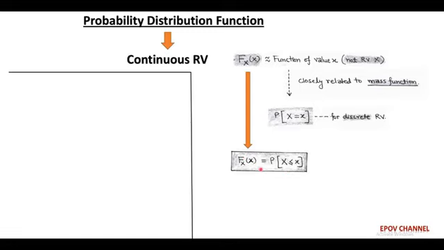Therefore, the cumulative distribution function is written as F of small x, a real number, that equals the probability that X is less than or equal to small x.